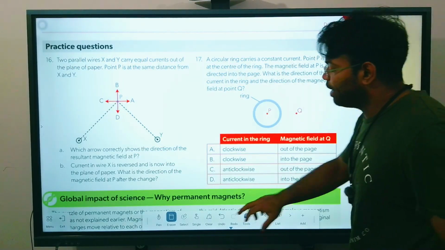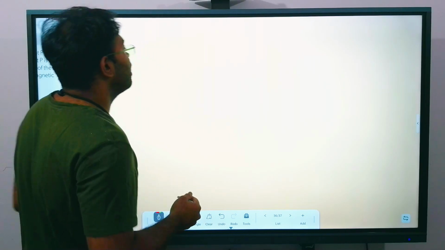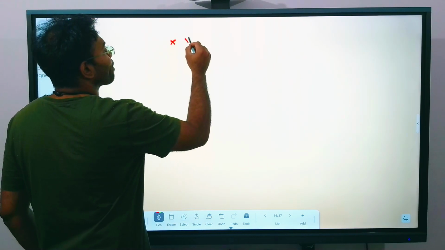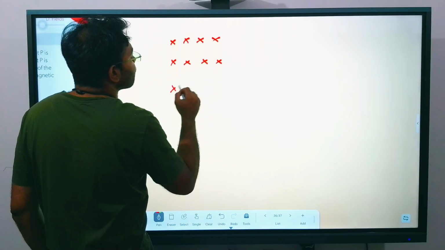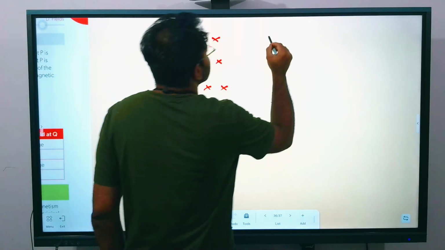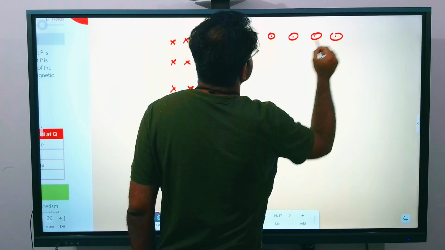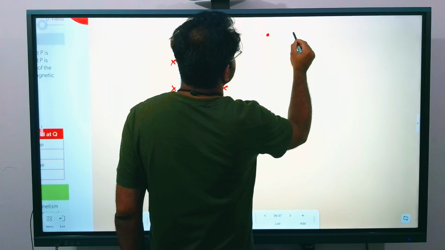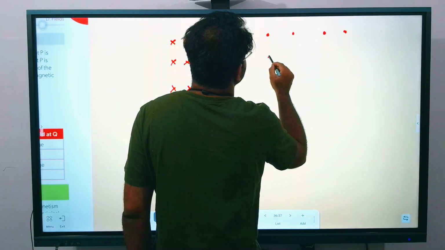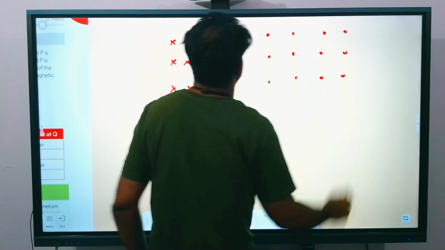So basically, there is a notation we use in Indian physics. Dots, dot dot dot dot dot.